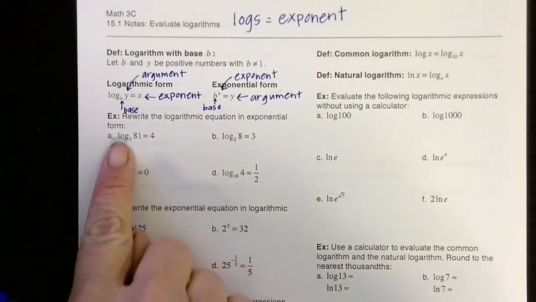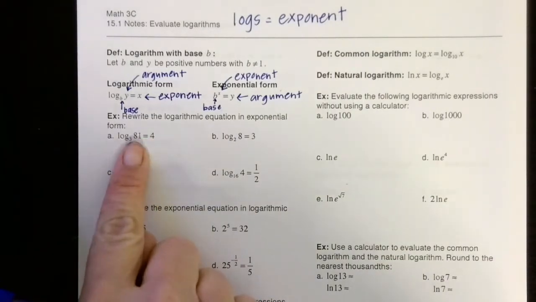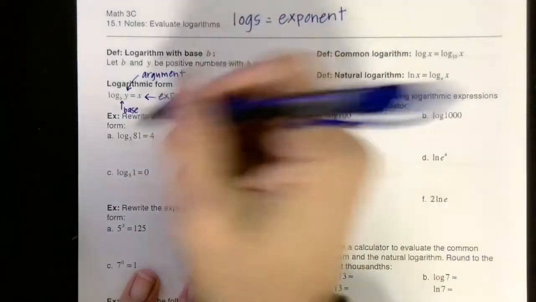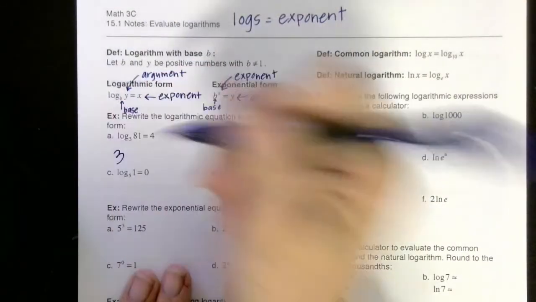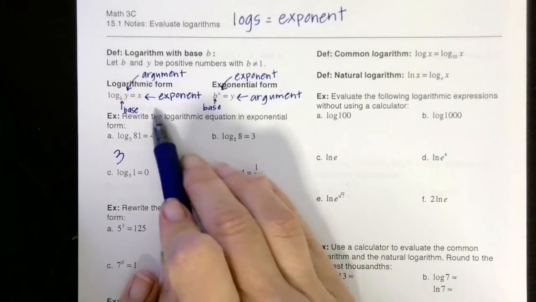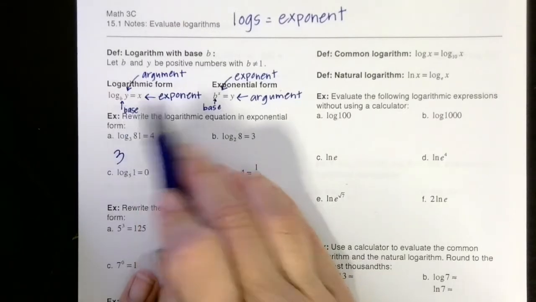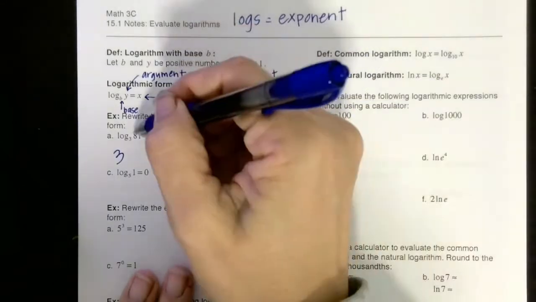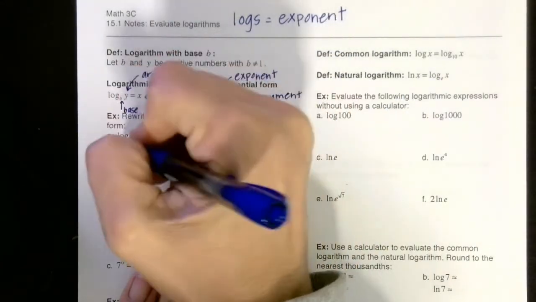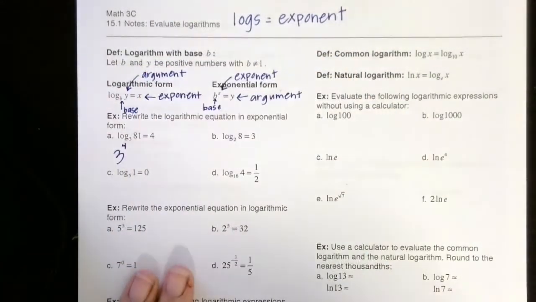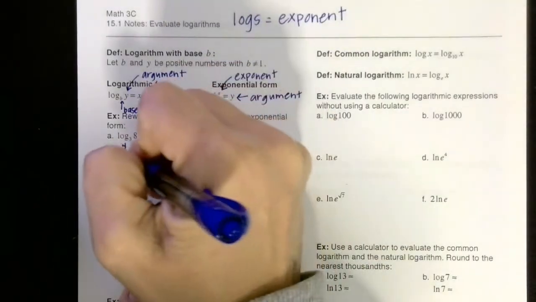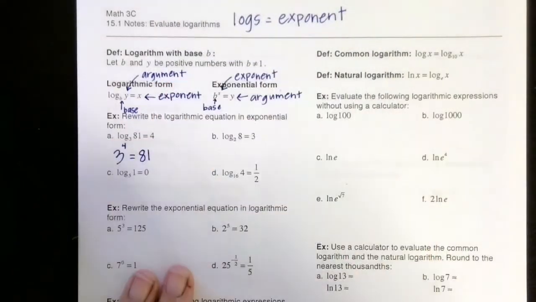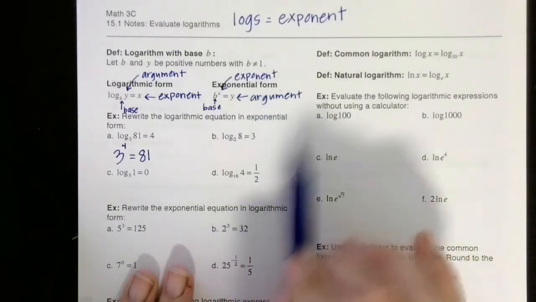So the base is 3, so I'm going to make that a big base, because it goes from a baby base in log form to a big base in exponential. And then logarithms always equal the exponent, so that 4 is the exponent, and then the argument is the last thing that we're going to write. So we're still using those same 3 numbers, we're just converting it to this form.